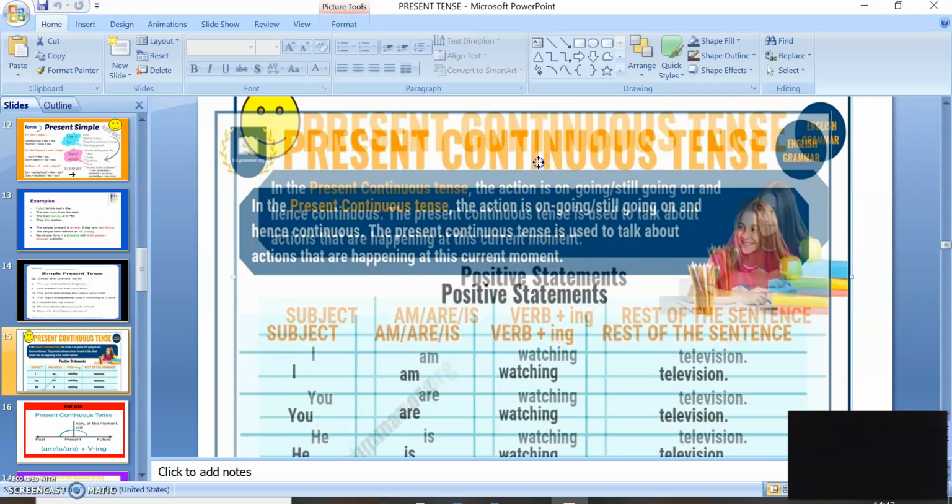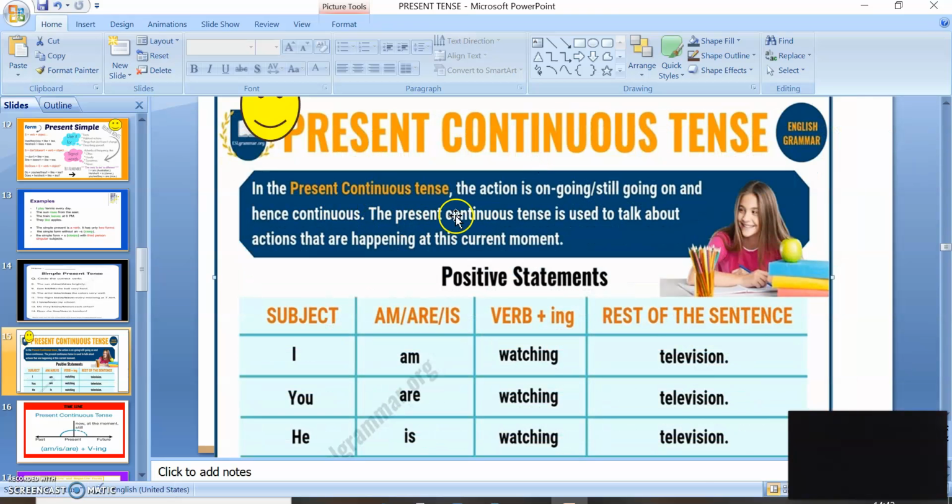Let's understand first. In the present continuous tense, the action is going on and hence continuous. Any action that is going on at the time of speaking, taking place at the moment of speaking, is called present continuous tense.